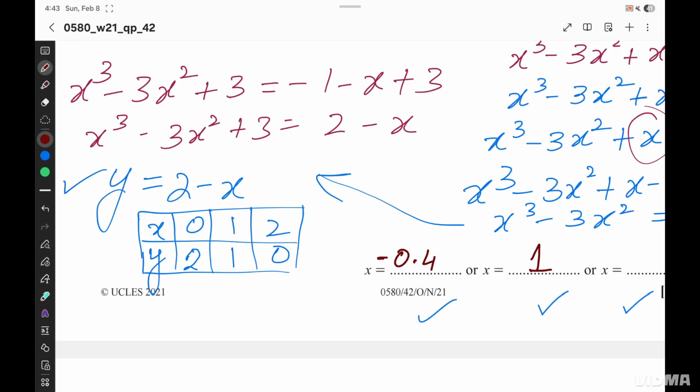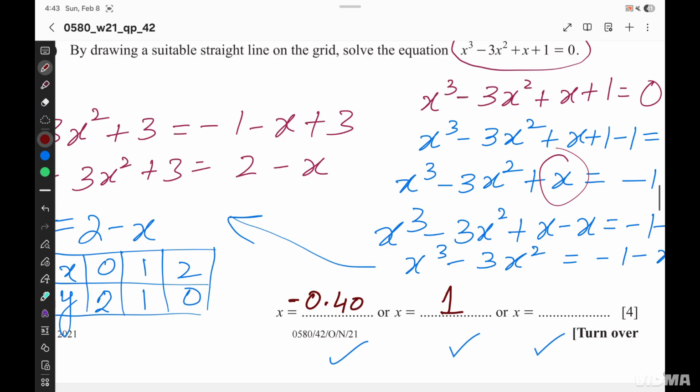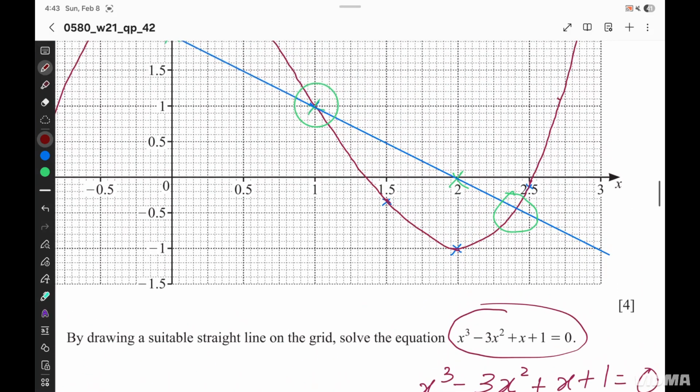So here we have minus 0.40, and we have one more left, the last one. The last one we have is exactly 2.4, you can see.